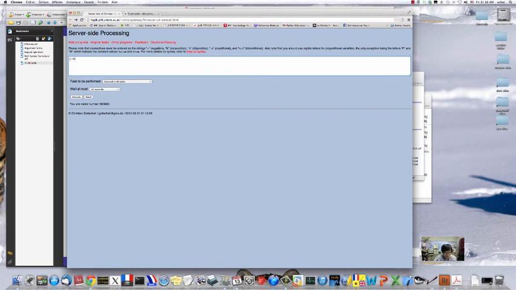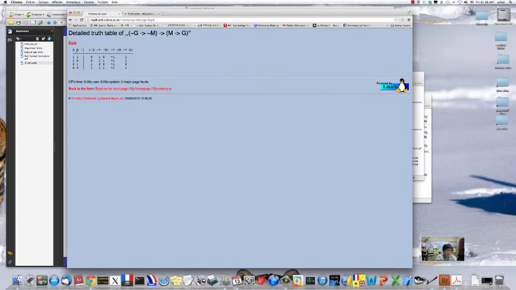So not G by not M imply M imply Z. Okay, so let's execute that. So ZM has these values: true, true, false, false, true, false, true, false, and so this one, not G, has this value, not M has this value, and this imply has 1 1 0 1, and M imply Z here.